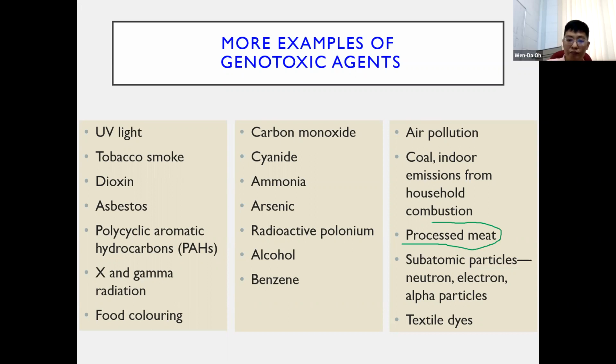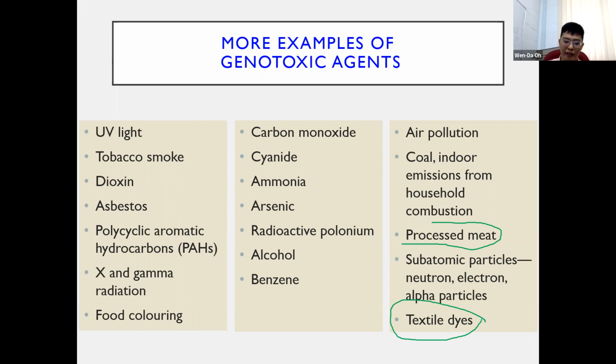Okay? Even the textile dye is also considered as genotoxin, right? So when you want to buy clothes, a t-shirt or anything with textile dye, the color in the clothes, try not to get it from the cheap ones, the ones that are not properly recognized or not properly investigated.